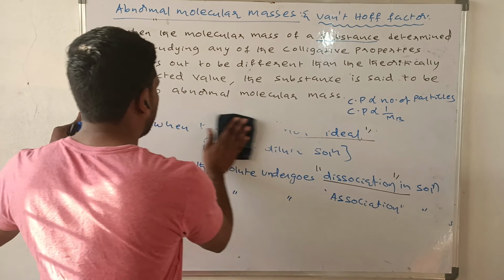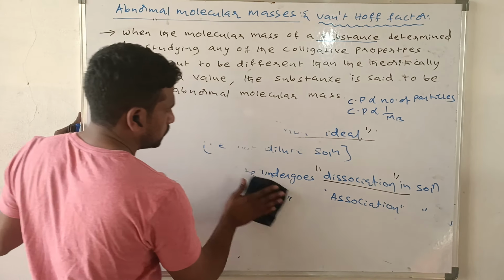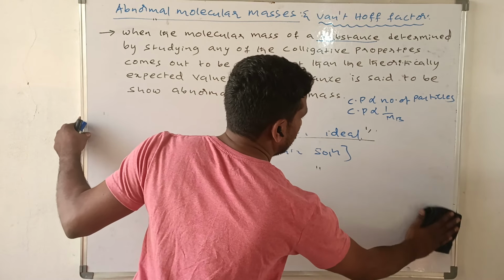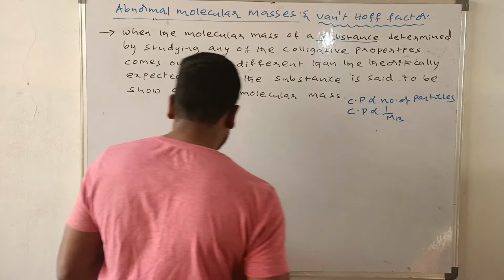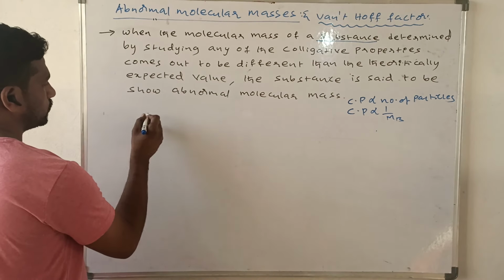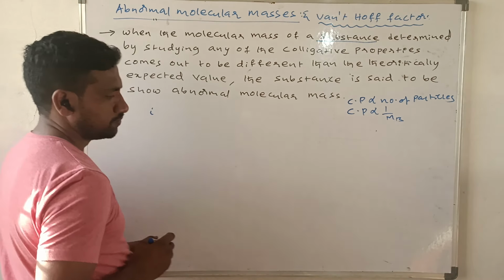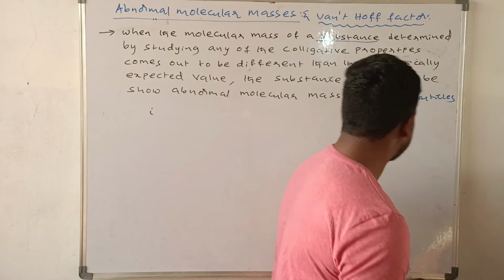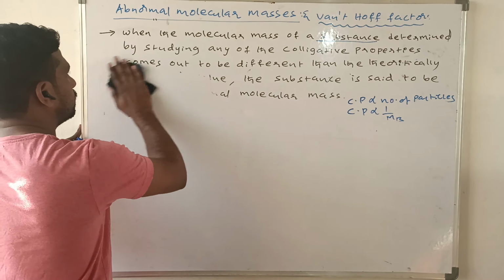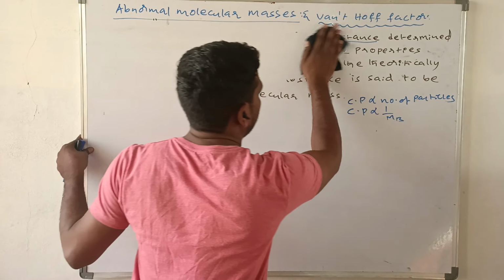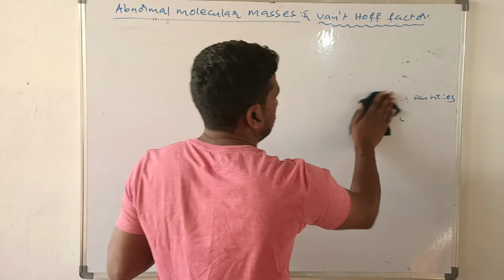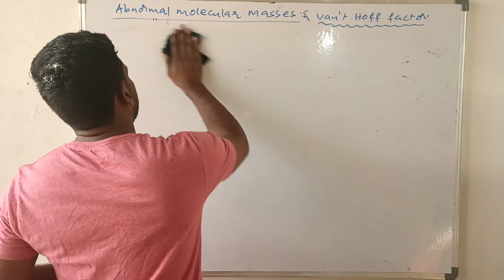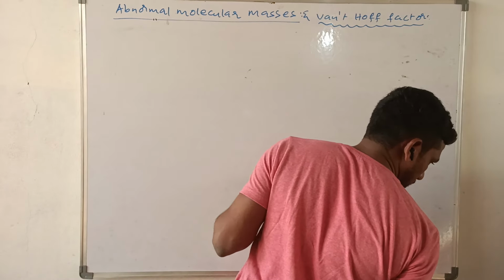So now see why we are going to study the Van't Hoff factor: to correct the molecular mass of the solute. Some errors need to be corrected, so he gave the factor called the Van't Hoff factor, which is denoted by the letter i. By using this i, we can determine the abnormal molecular masses.